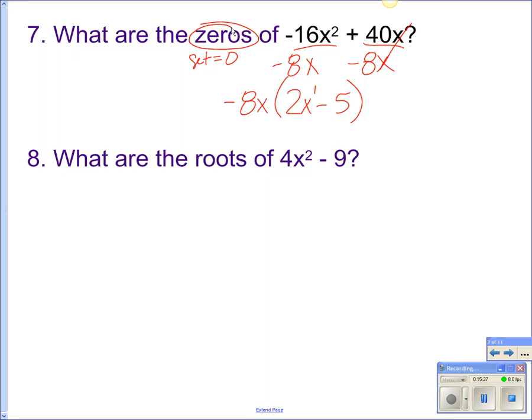All right, what do I do next? All right, so I put negative 8x equals 0. What else do I put? Two x minus 5 equals 0, that whole thing.